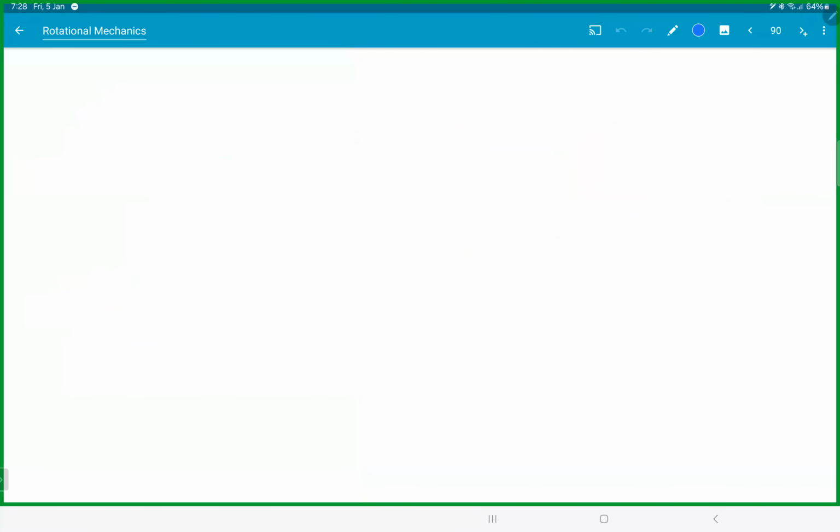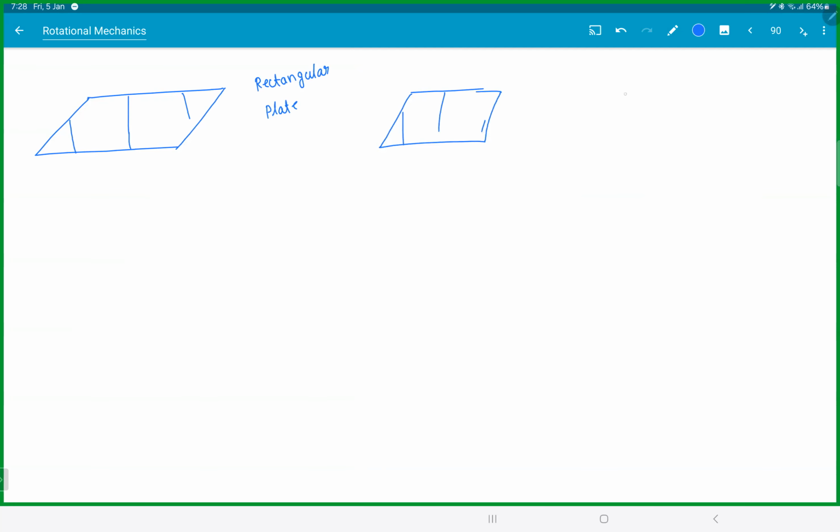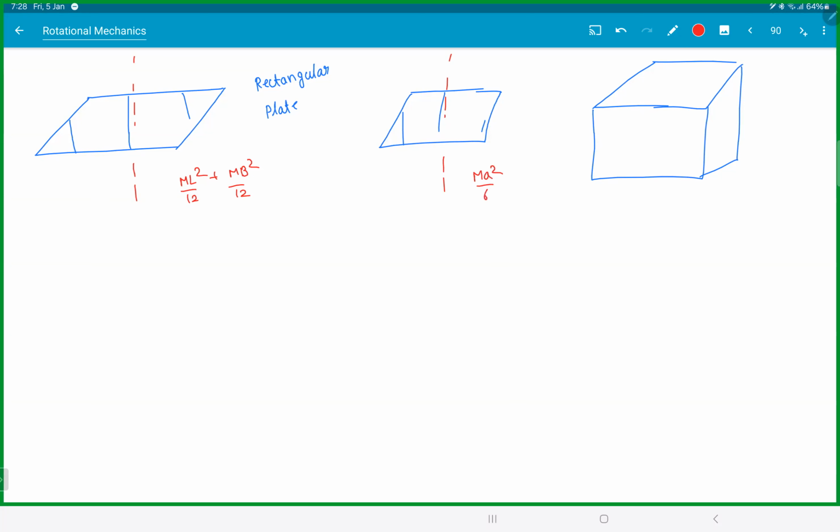We still have a few more shapes. Then we have our rectangular plate. Then we have square plate. Then we have cube. ml square by 12 plus mb square by 12. ma square by 6.